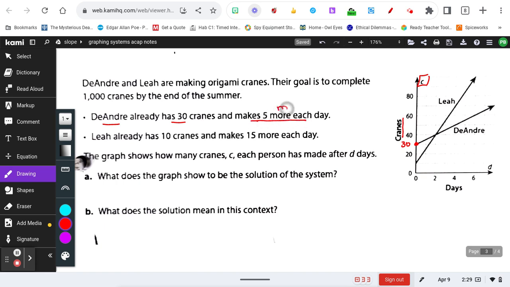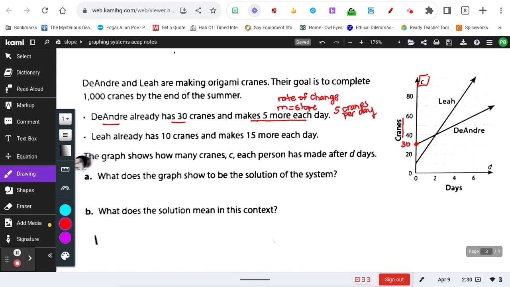So his slope or rate of change has to be 5 cranes per day. He's making 5 cranes per day. All right, so now you have his line graph.